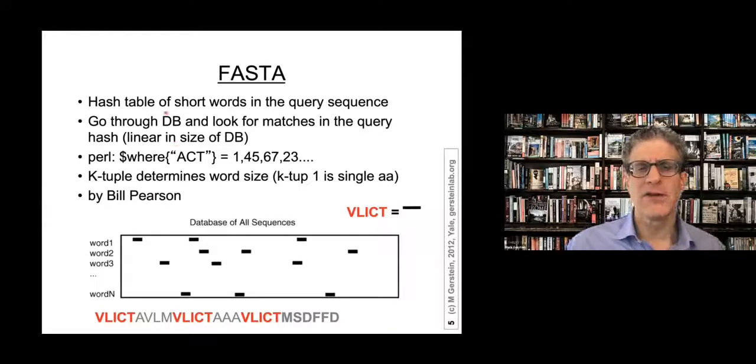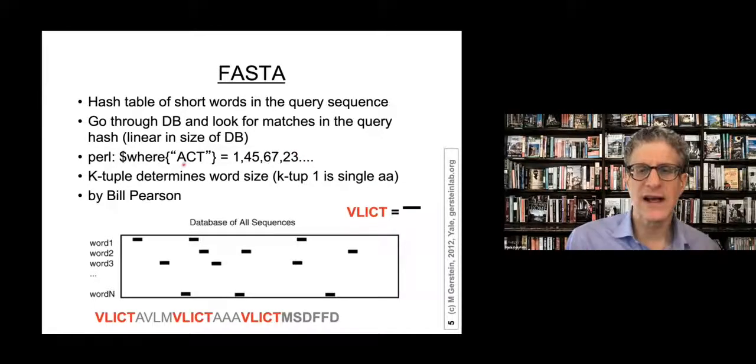What you basically do is you look for all the short words in your query sequence, and you make a big hash table of them. So you can retrieve a given k-mer or short word from your query sequence by just looking it up in the hash table. For instance, you might look up ACT in your query, and it will tell you where it occurs in the query sequence.